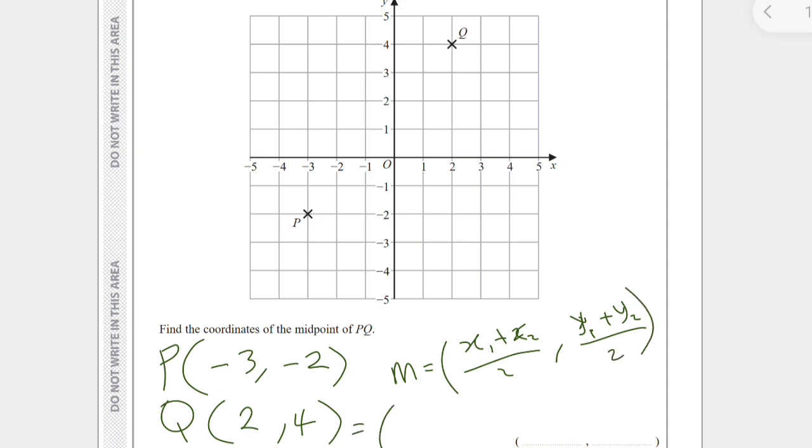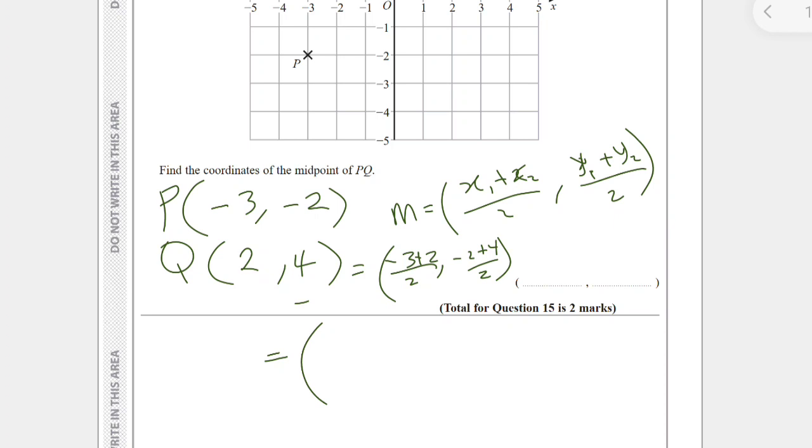In this case that would be (-3 plus 2) divided by 2, and (-2 plus 4) divided by 2. So -3 plus 2 is -1, giving -half, and -2 plus 4 is 2, over 2, which is 1.